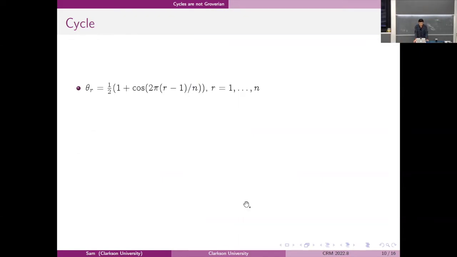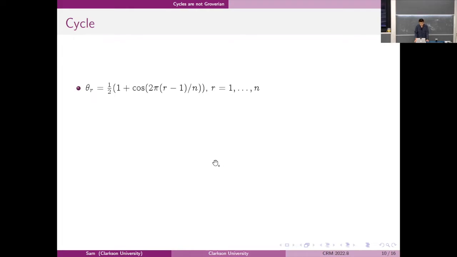And in the previous talk, they proved the cycle is not covariant by using the Lieb-Robinson bound, and that's saying the time for finding the target would be bigger than square root n. And here we actually have a more precise characterization for the cycles.